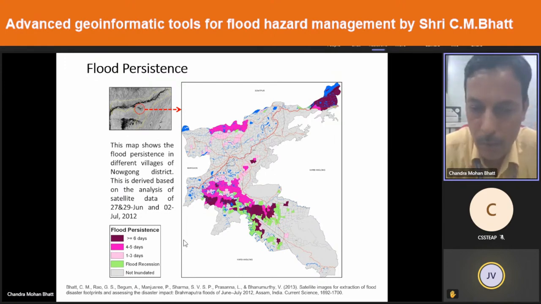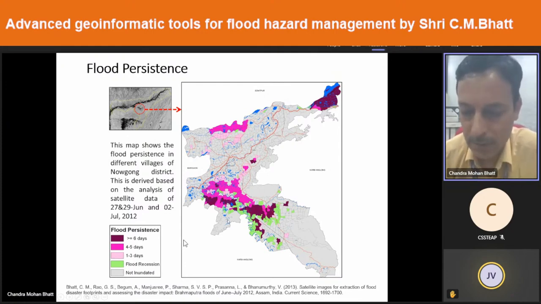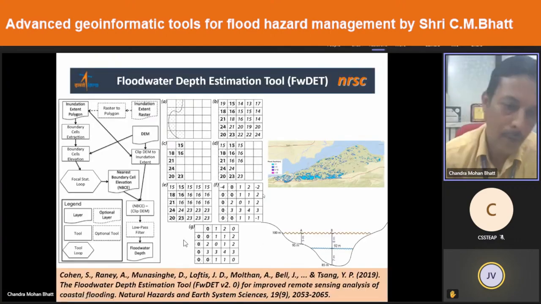You may have the problem of people not getting good quality drinking water. You may have the problem of agricultural crops wilting. Such information is very crucial for the planners to mitigate, and also to see which areas they need to mobilize their resources, because this is one district, but flooding is only concentrated in these pockets and not in the entire district. So if we have these maps, we can have a focused mobilization of our limited resources during the times of flood.